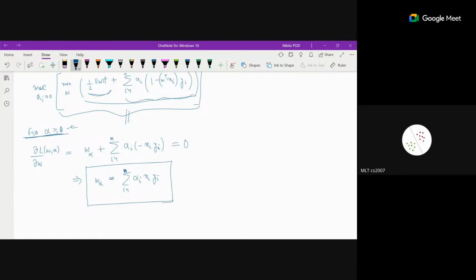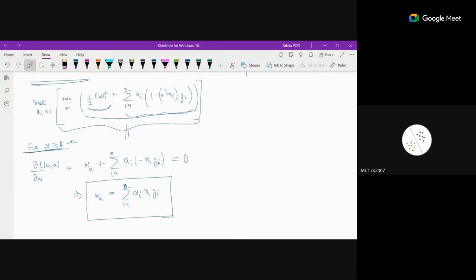So if you fix any positive alpha, this optimal W, that is W alpha, is nothing but a linear combination of my data points xi and yi.